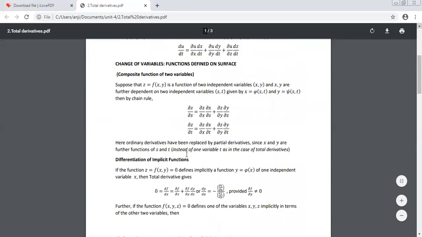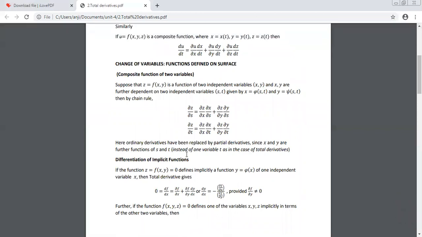Now differentiation of implicit functions. If the function z equals f of x comma y equals 0 defines implicitly a function y equals phi of x of one independent variable x, then the total derivative gives, right, one variable, df by dx equals dou f by dou x plus dou f by dou y into dy by dx.